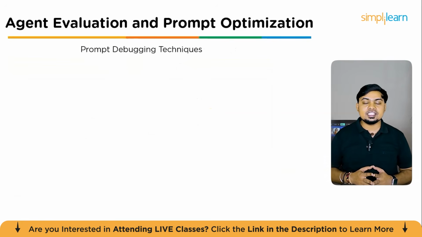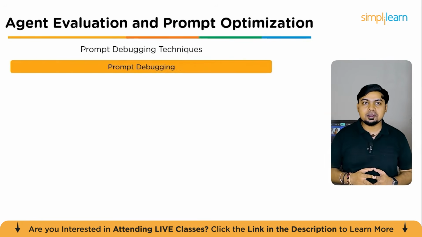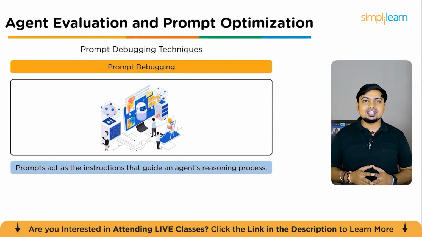Prompt debugging techniques. Now, let's go through prompt debugging techniques. Now, let's talk about one of the most practical skills in agentic AI, prompt debugging. Prompts act as the instructions that guide an agent's reasoning process. So, if prompts are unclear or poorly structured, the agent will struggle. One effective approach is breaking large prompts into smaller, more specific instructions. Adding constraints and formatting requirements can also improve consistency.